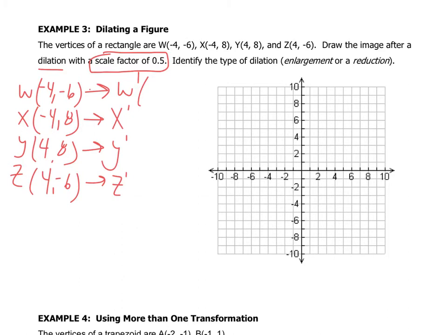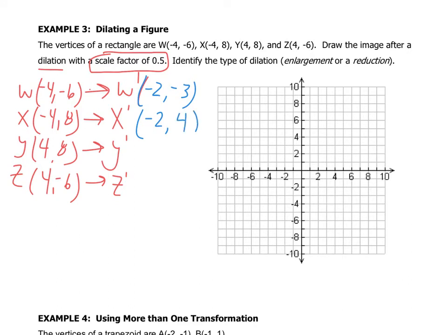So first, -4 times 1/2 is -2. -6 times 1/2 is -3. So that creates W prime. Then I move to the next one. For x, -4 times 1/2 is -2. 8 times 1/2 is 4.